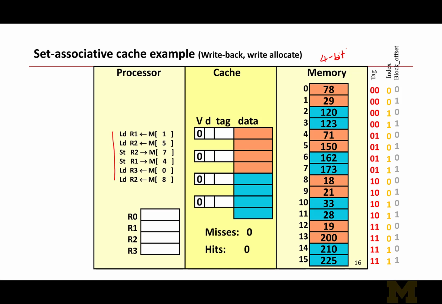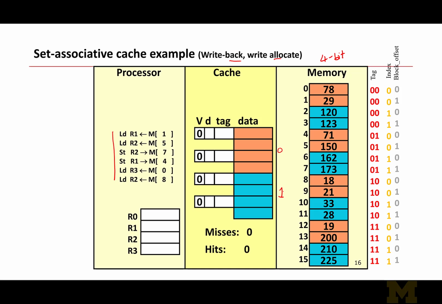We are going to assume that this is a write back cache, and that we allocate a cache block when there is a write to an address that is not there, so it's write back and write allocate. Now we have 4 cache lines, and we assume a 2-way set associative cache. That means each set has 2 cache lines, which are color coded. You can see that there are 2 colors for the cache, and each one corresponds to a different cache set.